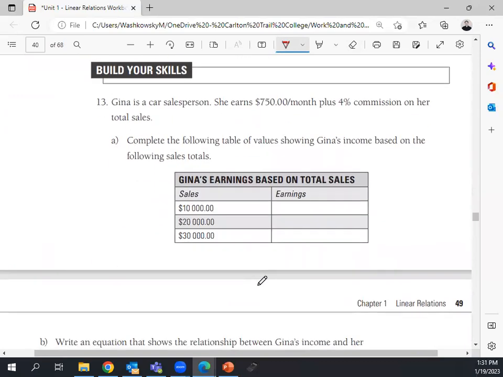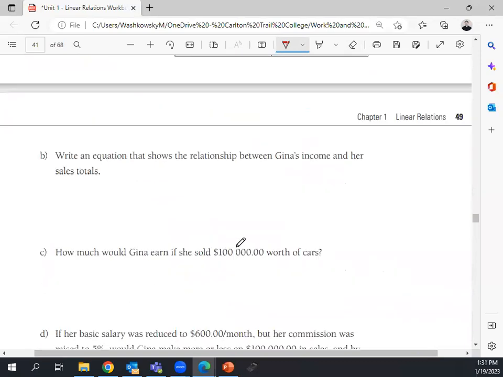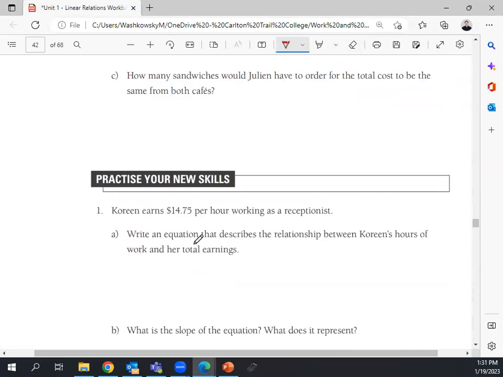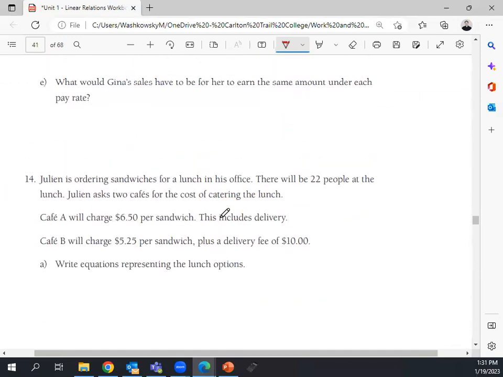Okay, so what I'm going to do is give you about 15 to 20 more minutes to keep working on this, and then we're going to go to our next topic after that. Question 12 is a really good one.